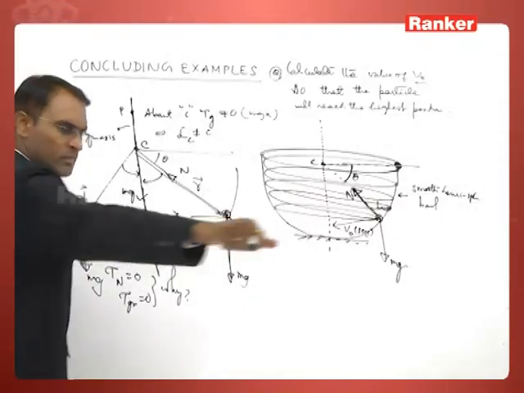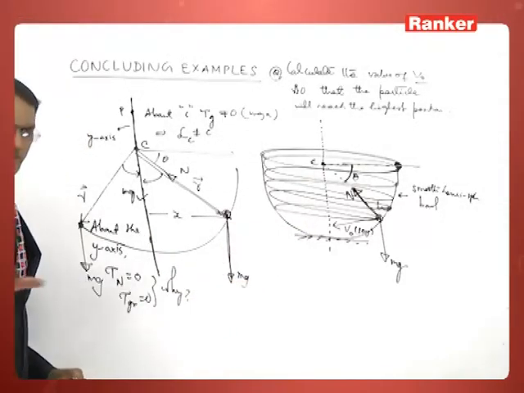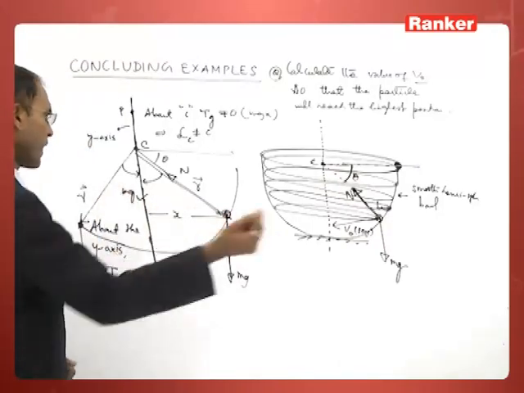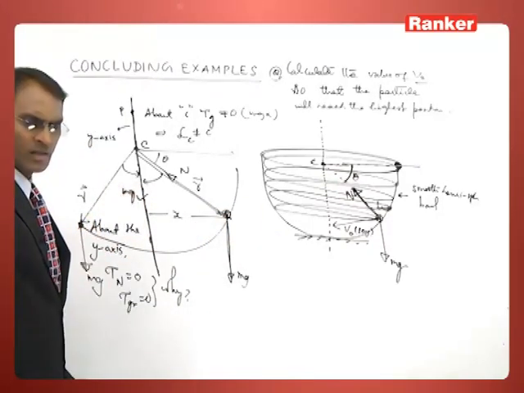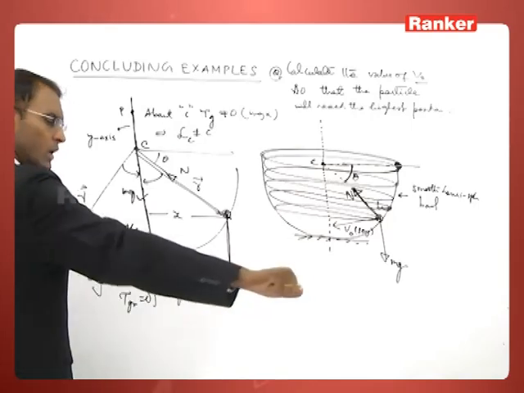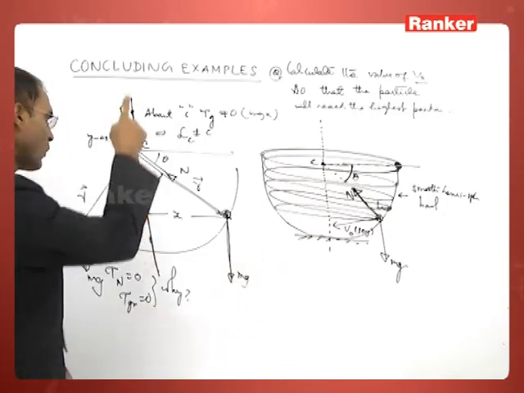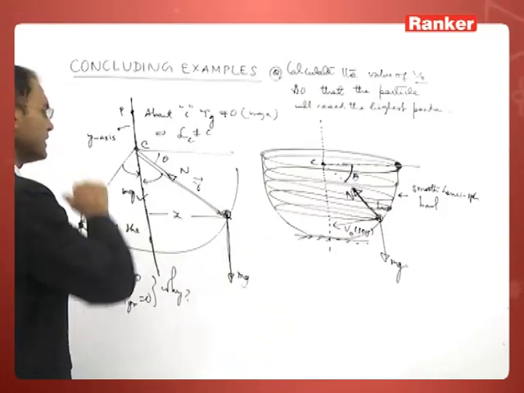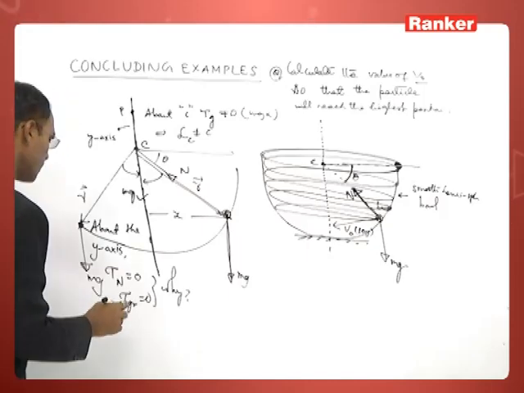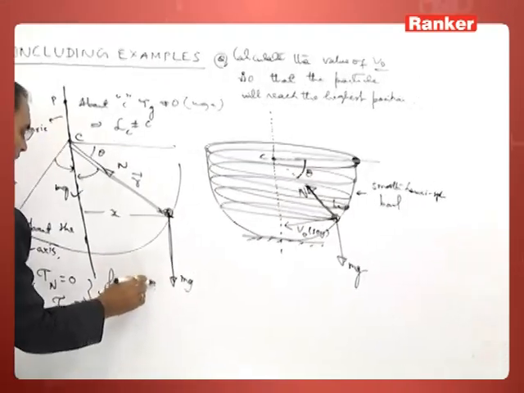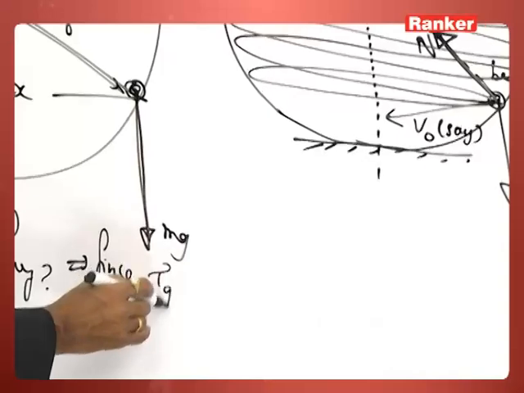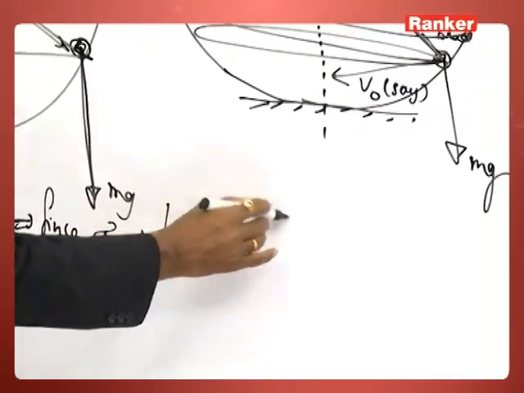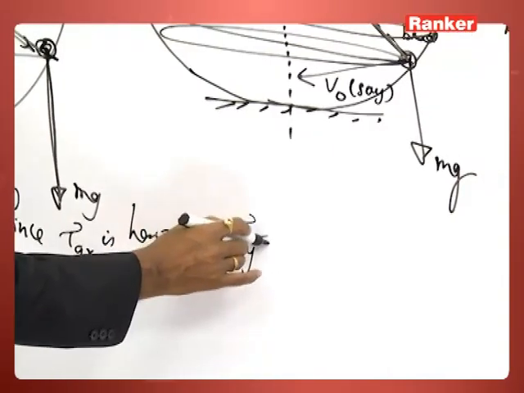So, the torque due to gravity will rotate as the bead moves. The torque due to gravity will rotate about the y axis, and the torque is entirely horizontal. Since the torque due to gravity is horizontal, its component along the y direction is 0.